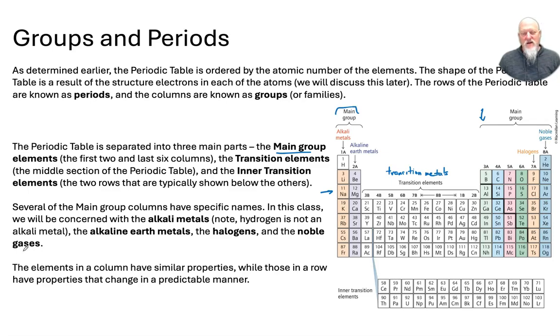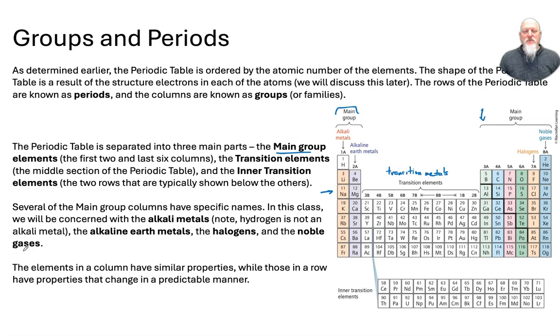Another way to do that is a lot of the columns are named. So a lot of the groups or families are named. For example, this first column, not including hydrogen, but lithium, sodium, potassium, rubidium, cesium, and francium, are known as alkali metals. And the alkali metals are all very reactive. By very reactive, I mean react with air.